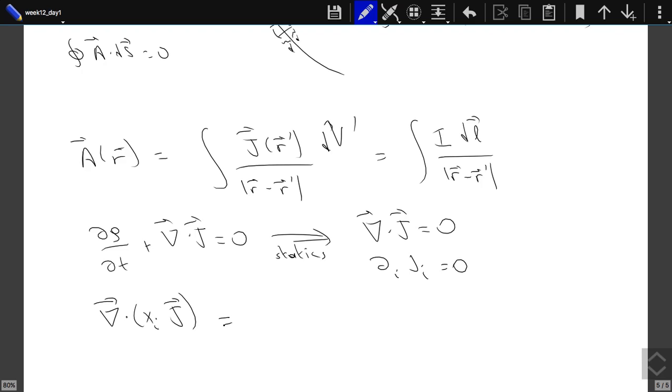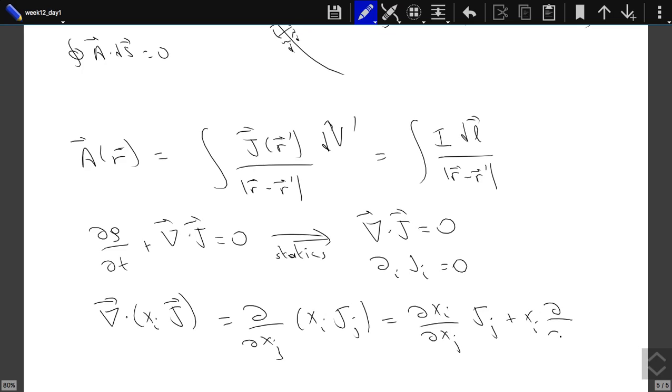Well, from the definition of the divergence, this is equal to the derivative with respect to x_j of x_i j_j, which will be equal to the derivative of x_i with respect to x_j times j_j, plus x_i times the derivative with respect to x_j of j_j.